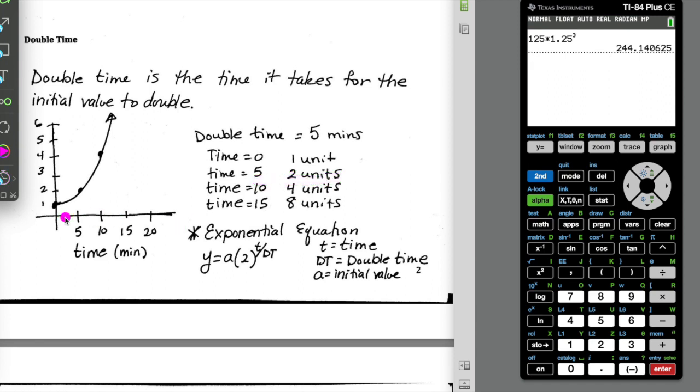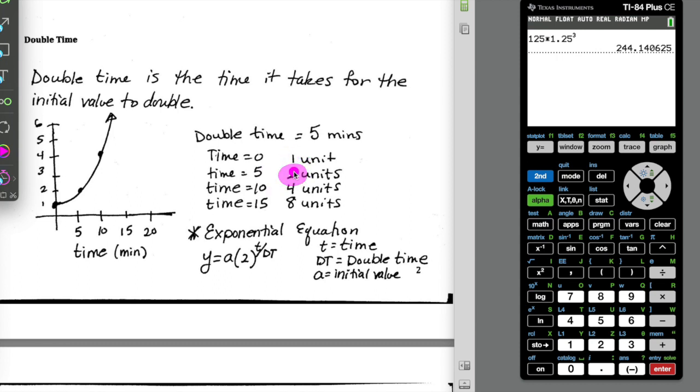And then if I come over to 10, I go up to 4. So in 10 minutes, I have 4 units. And then if I continue this pattern, if I go up to 15, I would go to 8 units. What this tells me is that the double time is 5 minutes. Because if you notice, every 5 minutes that pass, my amount is doubling.